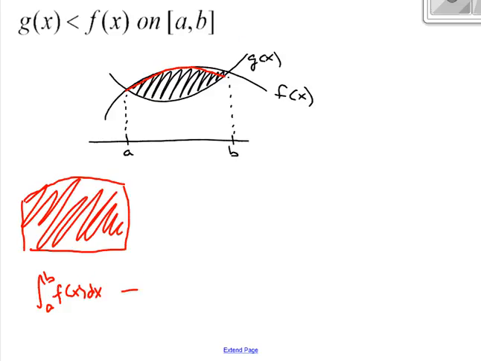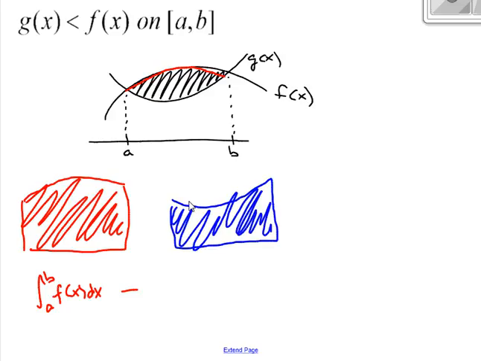minus, and then I could find the region below g of x like this. And if I subtract that portion, you can see what's going to be left behind. So I'm doing a little minus sign here. And that portion was the integral from a to b of g of x dx. And when I subtract those, what I get is this top portion here.